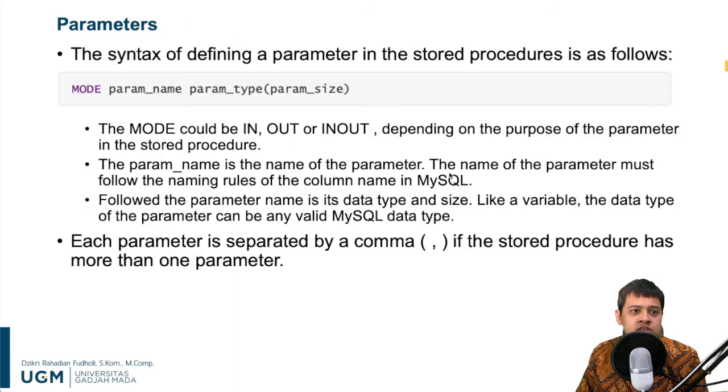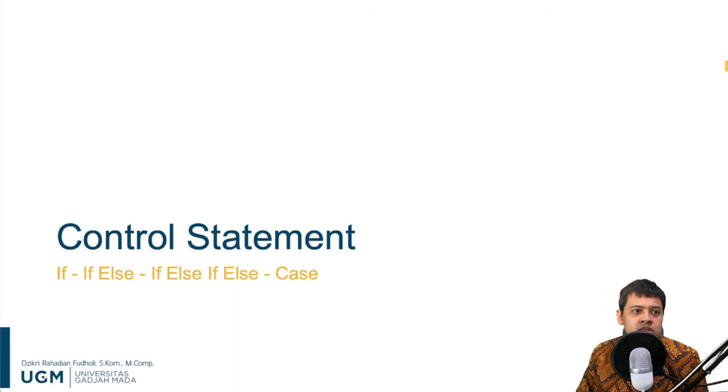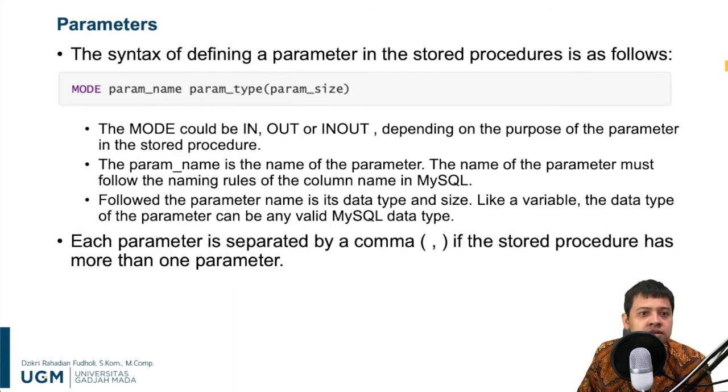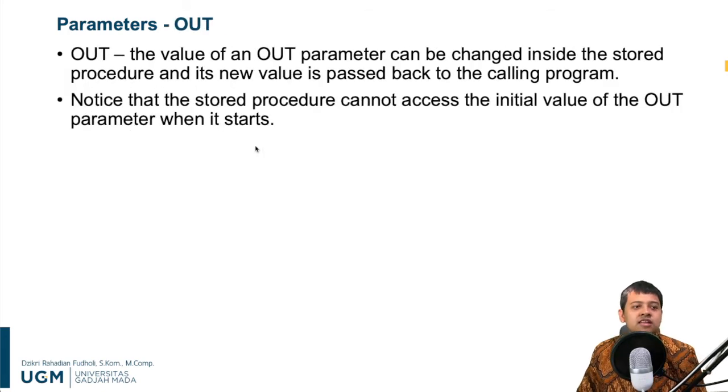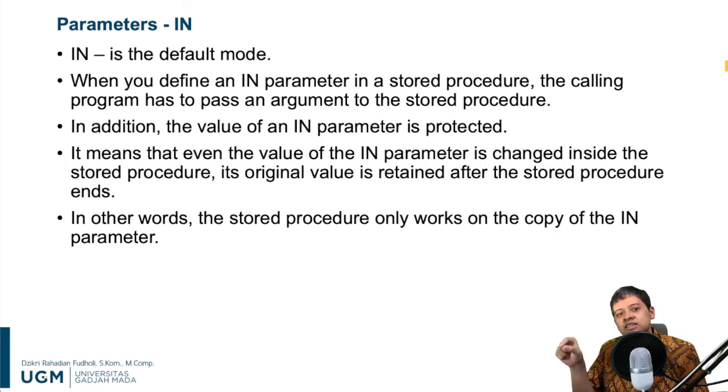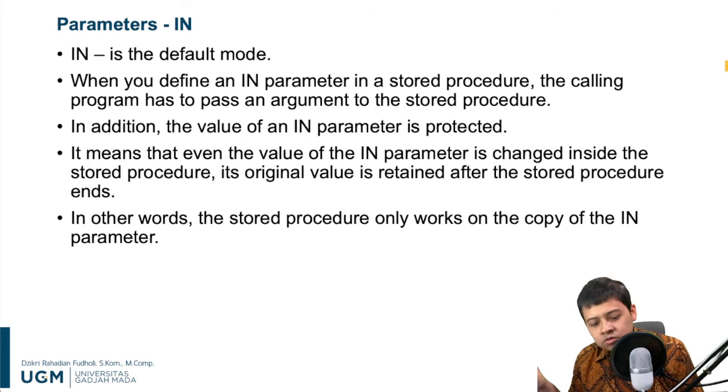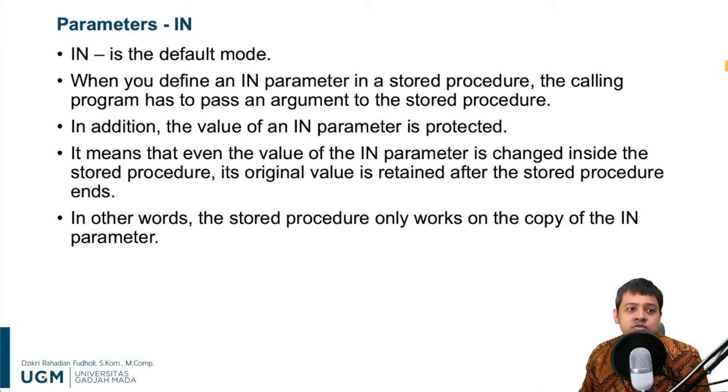We should see the example over here. So the parameters are over here. Let's talk about the OUT first. So that's the IN: you want to pass a value into the stored procedure.